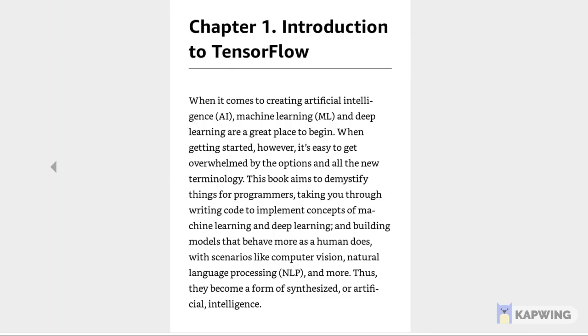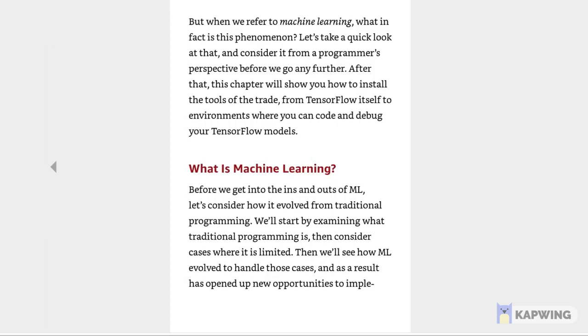So, in this book, we'll understand machine learning, go deeper into the concepts of deep learning, and build some models that are more human-like, with scenarios like computer vision, natural language processing, etc. Simultaneously, we'll write down the code for each and every chapter. Thus, they become a form of synthesized or artificial intelligence.